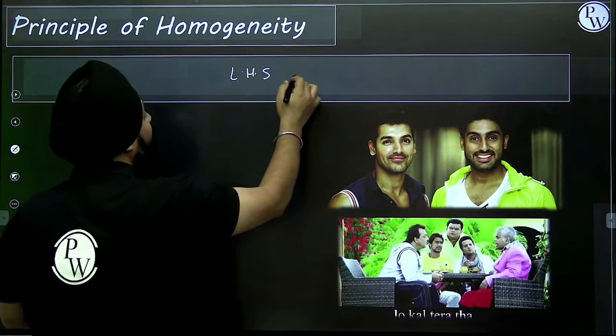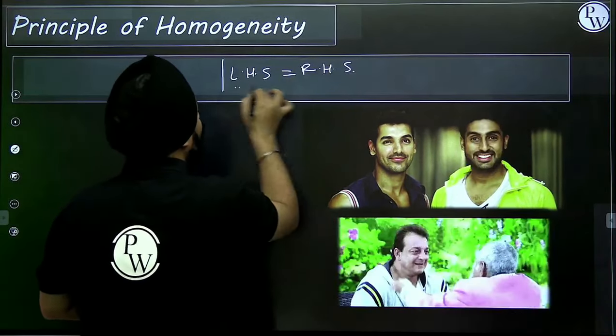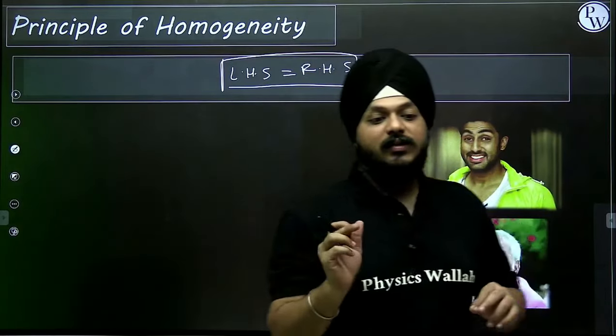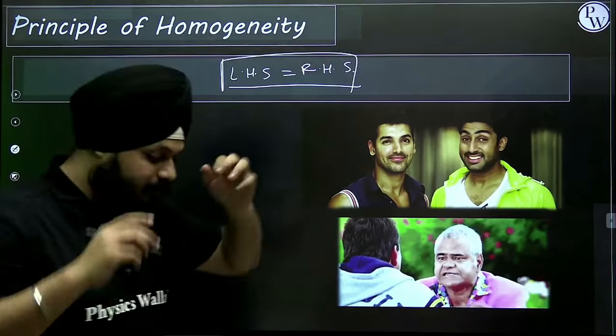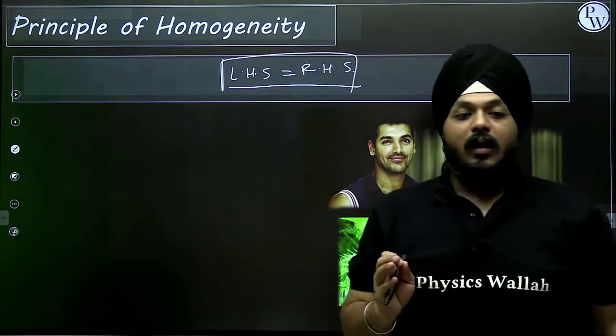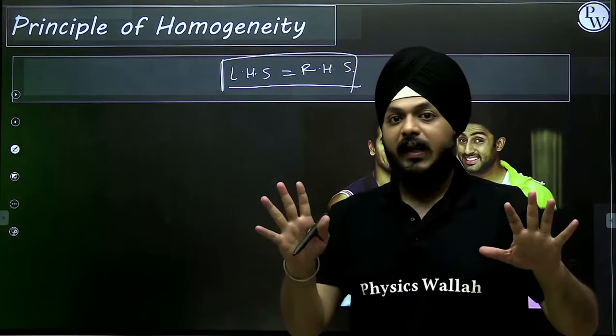First of all, the principle of homogeneity states that if the equation is dimensionally valid, then LHS of the equation is equivalent to RHS. I'm talking dimensionally. See, we have one star, terms and conditions. We are talking dimensionally, not mathematically.